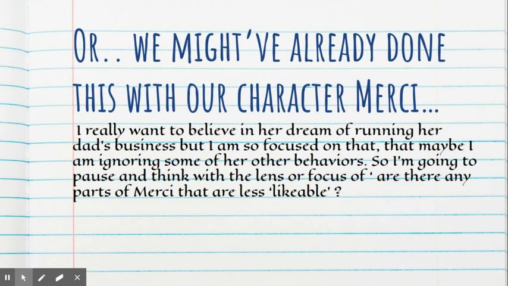So I'm going to pause and think with the lens or the focus of, are there any parts of Mercy that are less likable? Just like what I shared with Matt, Matt has so many great qualities, but he's complex. He's a human being. He has less likable traits just like I do, just like you do. That's what makes us human. So authors give even the main character or the protagonist who you're rooting for less likable traits because that's what makes them human.